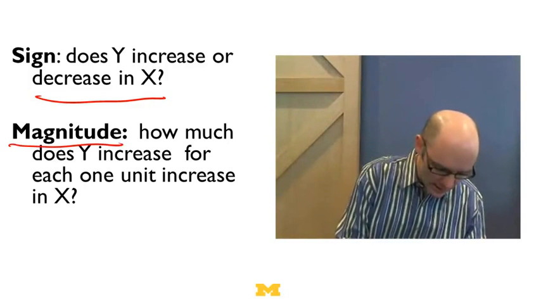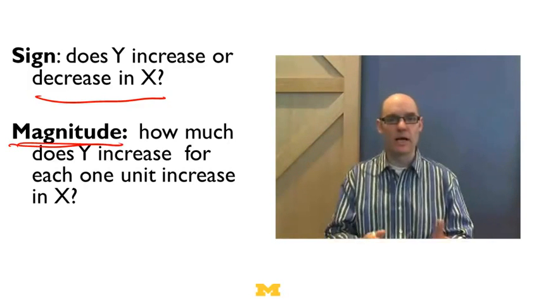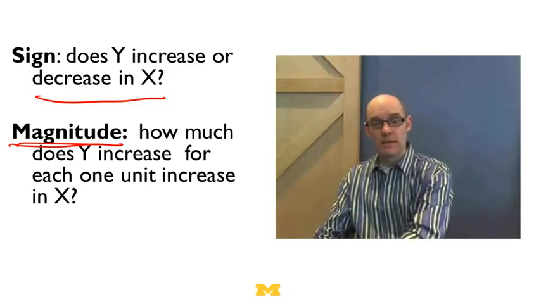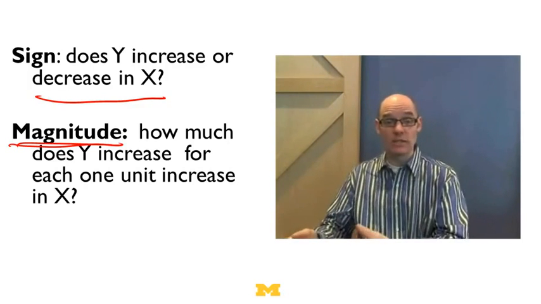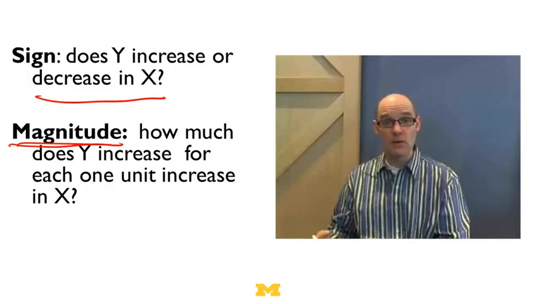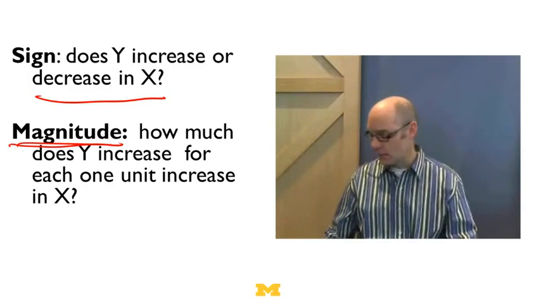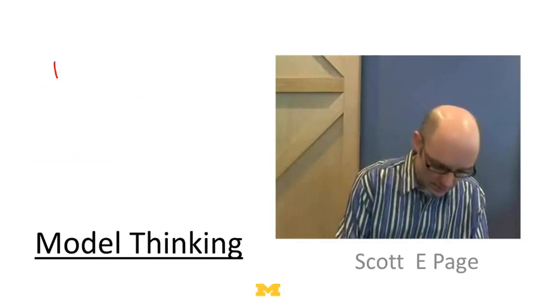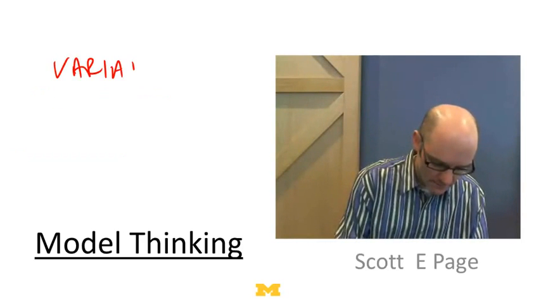You want to say, how big of an effect on Y does a 1 unit increase of X have? And if it's got a big coefficient, that means this is something I should really pay attention to. And if it's got a small coefficient, it's something that maybe you shouldn't pay attention to. All right, so pretty straightforward. Regression output is telling you how much of the variation we explained.